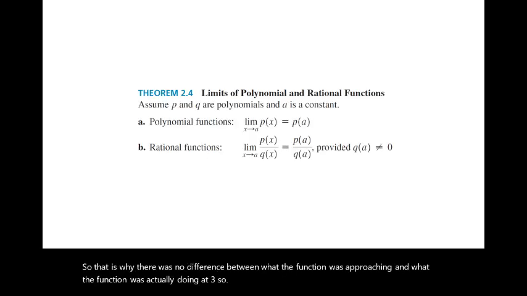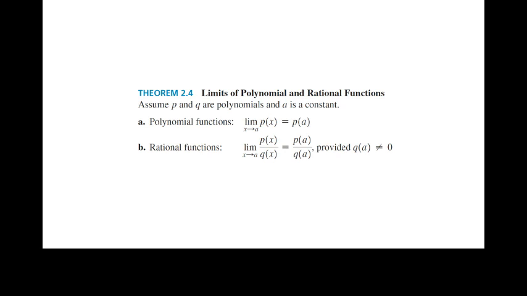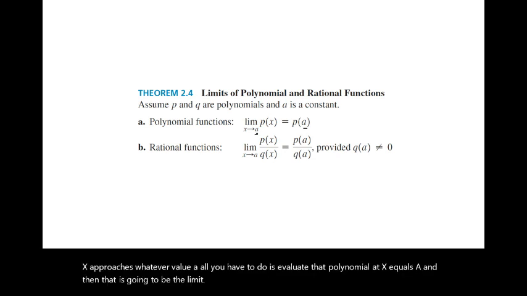And you will actually find that that always happens with polynomials. So anytime you have a polynomial and you're taking the limit as x approaches whatever value a, all you have to do is evaluate that polynomial at x equals a, and that is going to be the limit. This is a technique called direct substitution.